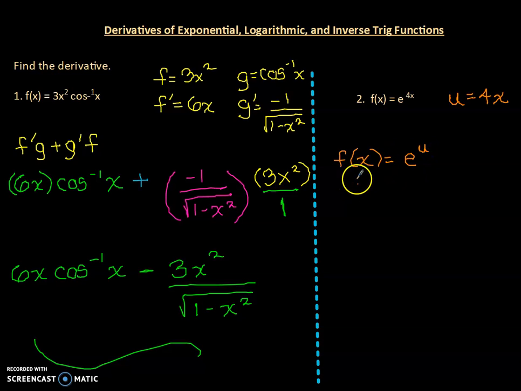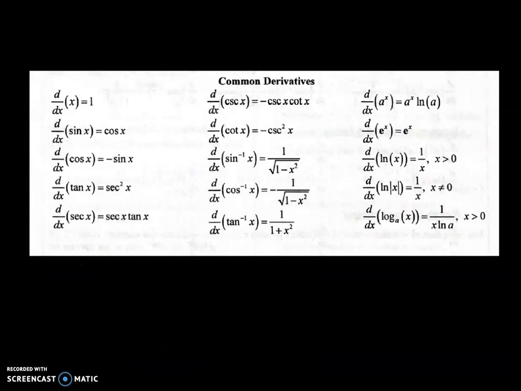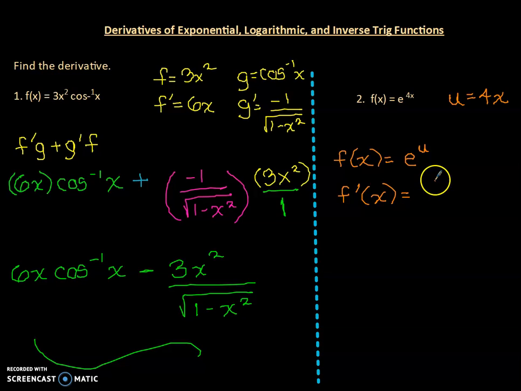So I'm just going to find the derivative of e to the u power. If you look at your derivatives again, the derivative of e to the x power, or e to the u power, is just e to the x power, or in this case, e to the u power. That's what the derivative is.